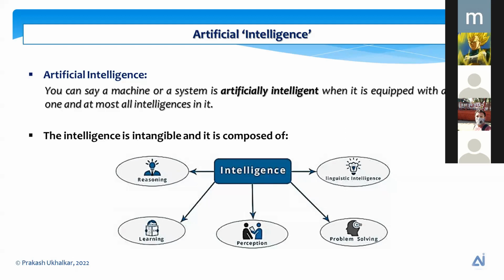So these are all basically the components of intelligence. Then perception. Perception means how you acquire the knowledge, how you interpret the knowledge, and then select and organize some information. Like I said, you make decisions.